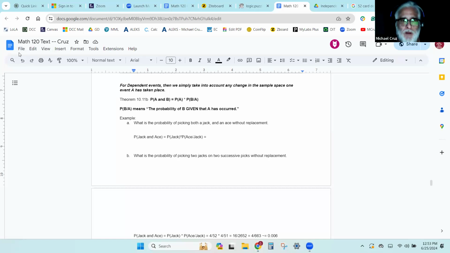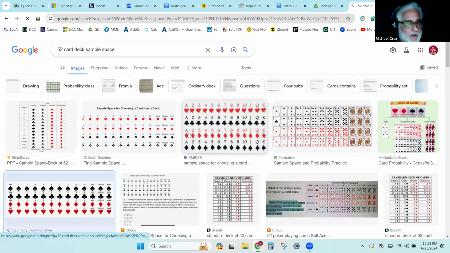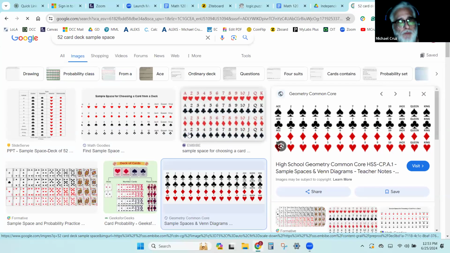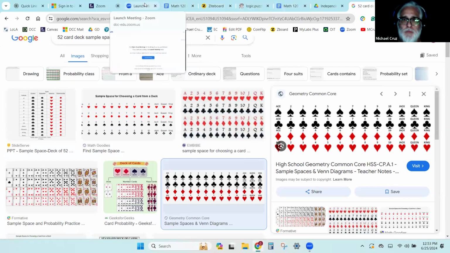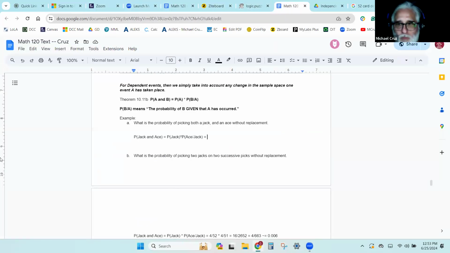The probability on the first pick is pretty easy because remember, you've got 52 cards. How many jacks are there? There's 1, 2, 3, 4. So 4 over 52, and we're going to multiply times that value.